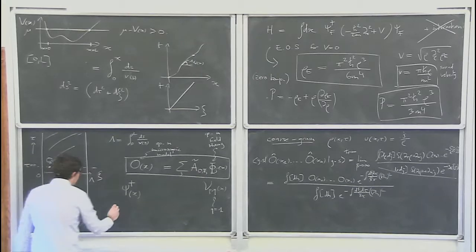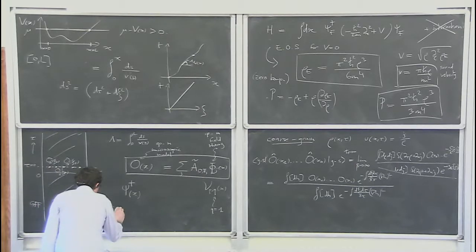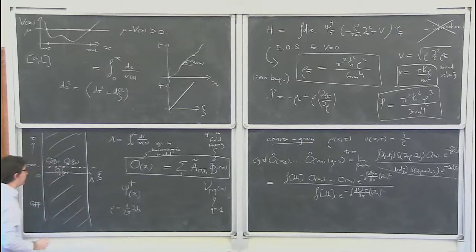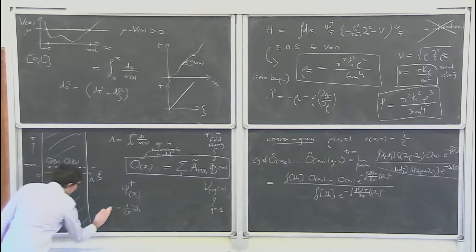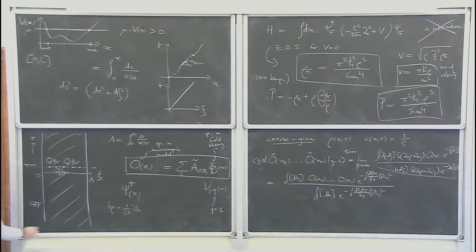The reason is the following. The density is 1 over 2 pi times the gradient of h. This is the fluctuation of the density, and the current is the derivative of this with respect to time. So here there is no current at the boundary of the domain. There cannot be any current.